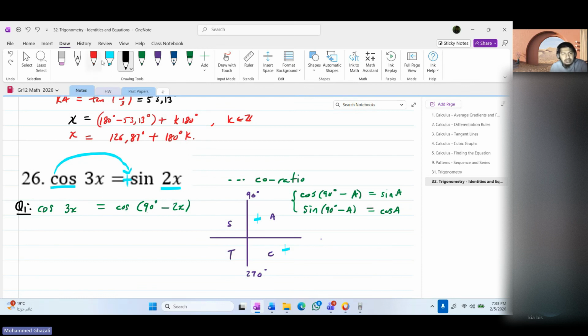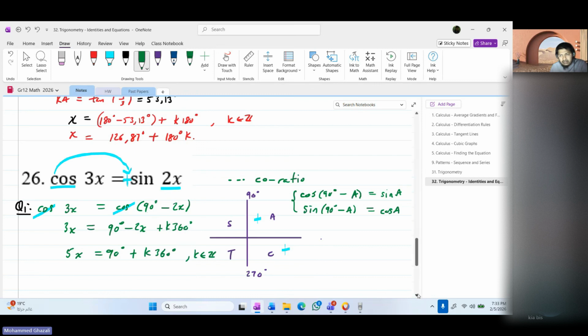So now how do we solve this? We drop the cos on both sides and we just add K360 onto the other side. So we say 3x is equal to 90 minus 2x plus K360. Now solve for x. Bring that over, you get 5x is equal to 90 plus K360. Don't forget, K is an element of Z. Continue.